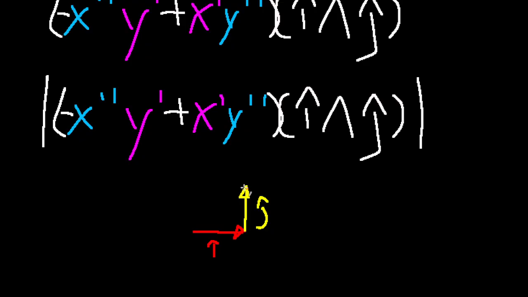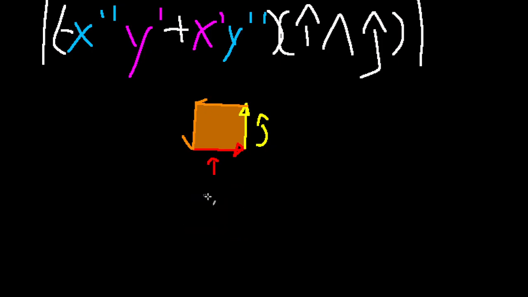Okay. So what we want is the area of this bivector. And you might have already figured this out, but this bivector over here actually has an area of 1.